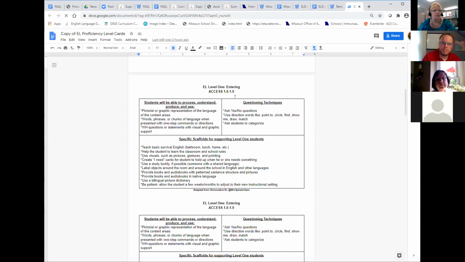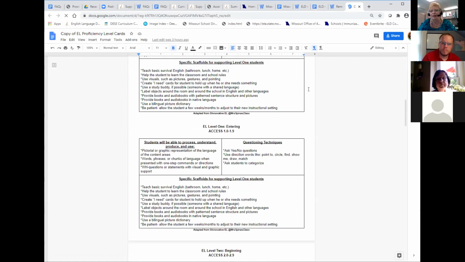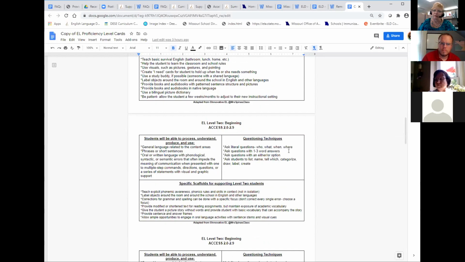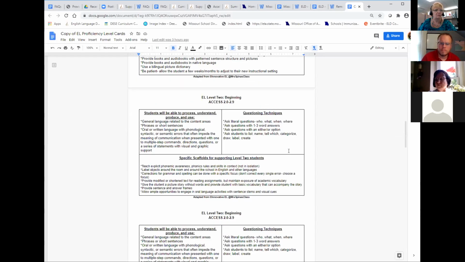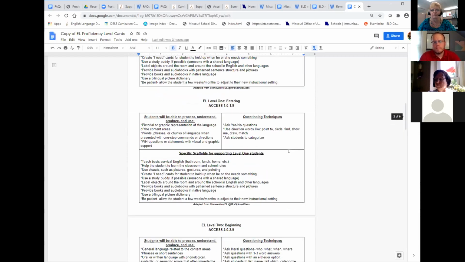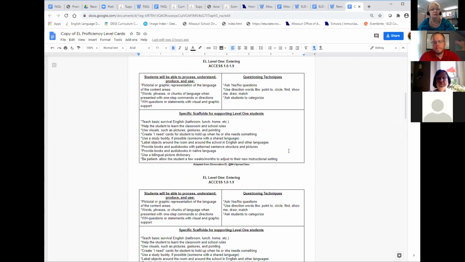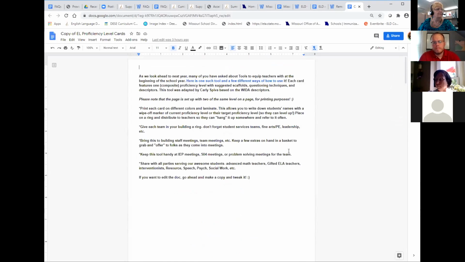I usually printed them out on different colored cardstock and provided them to any teacher that had an English language learner in their classroom. So this could definitely be shared remotely and used by your teachers, whoever is serving an ESL student. So these are all going to be available for your use.